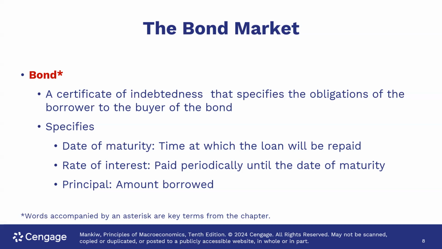Okay, the second one is the rate of interest. It is a periodical payment until the date of maturity. So why do you provide the interest rate if you are a borrower? Let's just recall the concept of incentives. So if you want to ask somebody to do something, you need to provide the incentive. So the incentive can either be an increase in the benefit or a decrease in the cost.